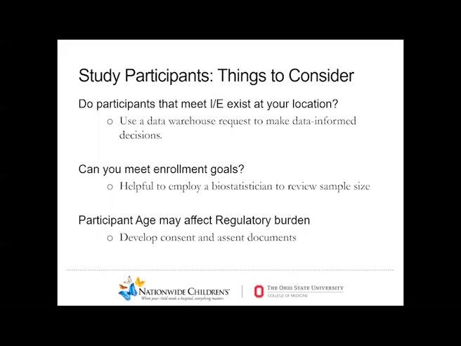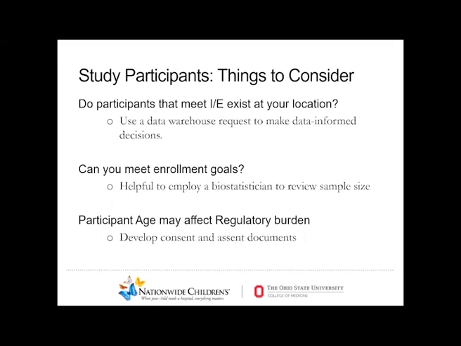This is also going to help you figure out if you can meet your enrollment goals. So in that same example, we know that we have 4 people a year that meet our criteria. It would be great if all 4 people said yes, but are 4 people going to be enough to actually give you meaningful data?